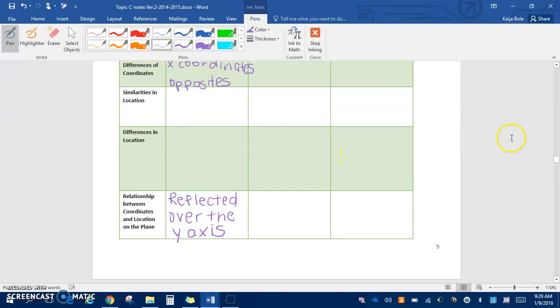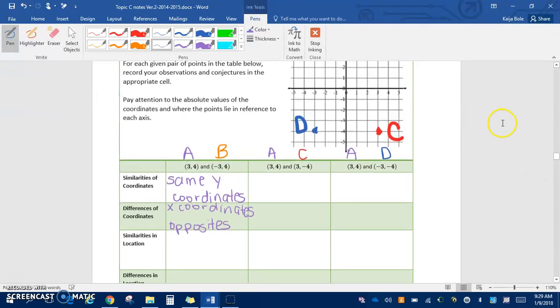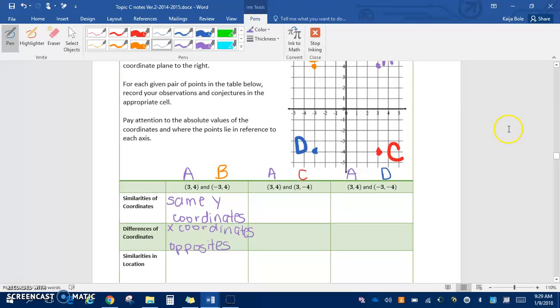Alright, so that's pretty much all we're doing here. We're going to do the last two columns though. Now we're looking at A and we're looking at C here. Similarities, if we're looking just at the numbers, we can see that they have the same x coordinates this time.